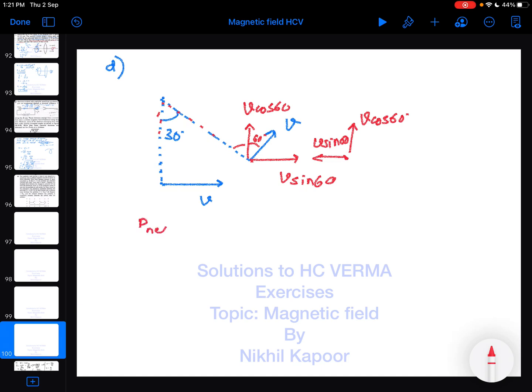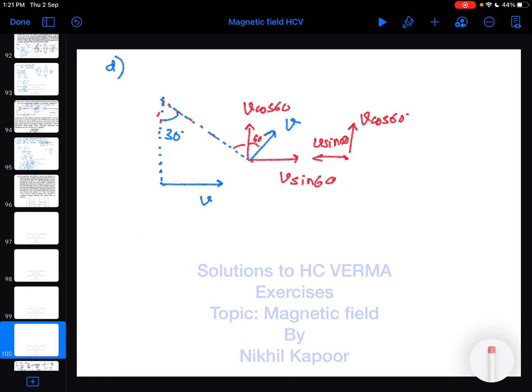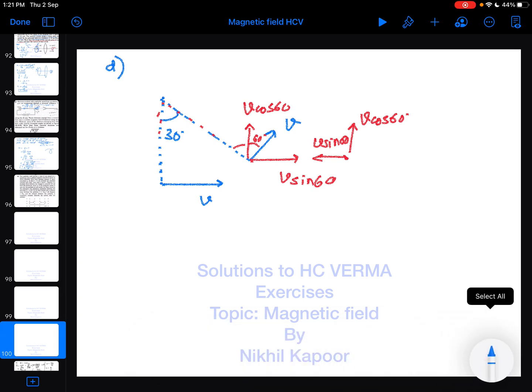So the net momentum in x direction, as you can see from the diagram, will be m v cos 60 minus, for the other particle, m v cos 60, which is 0.